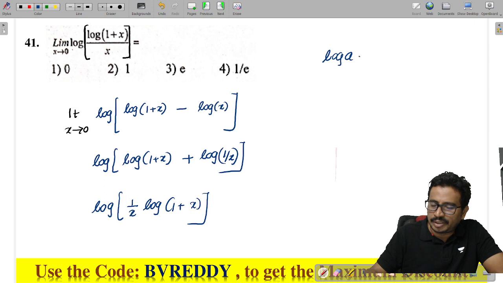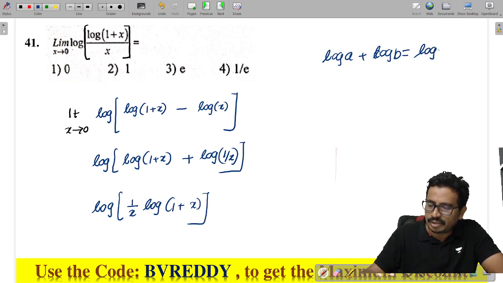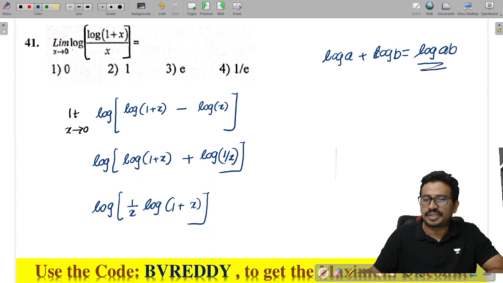Log a plus log b is given as log of ab, isn't it?